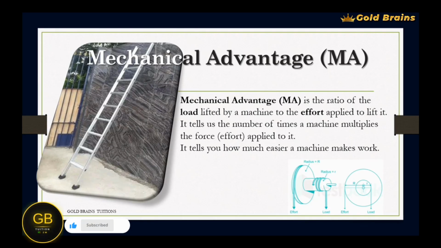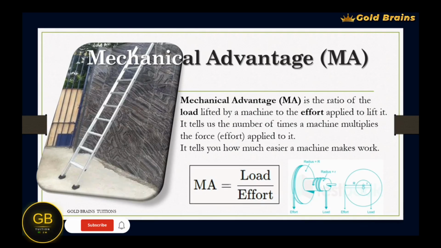And mechanical advantage is given by the formula MA, which is mechanical advantage, equal to load over effort. You can see right here from this simple example we're having in the corner. To find mechanical advantage, we divide our load by our effort. That's how we get our mechanical advantage.